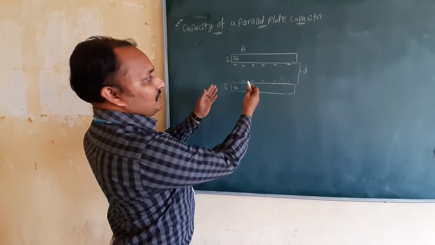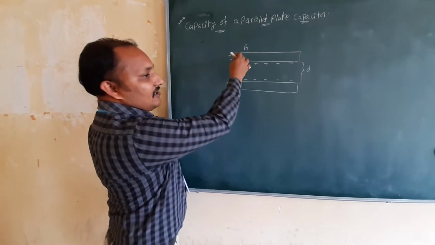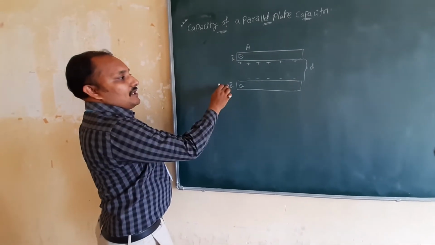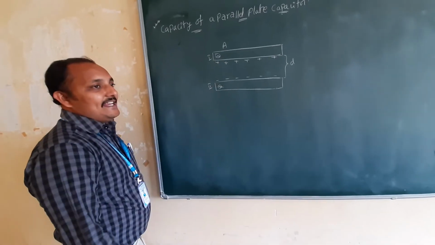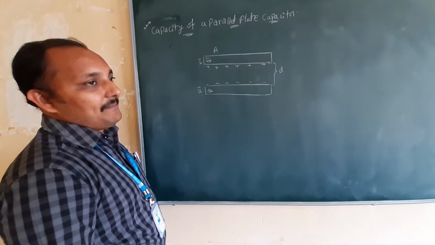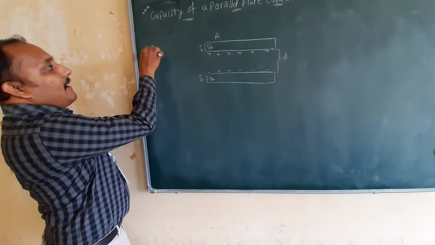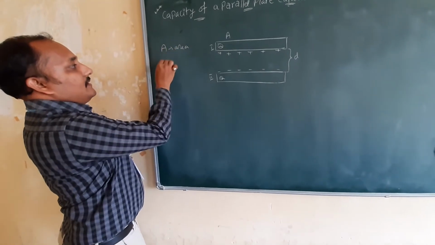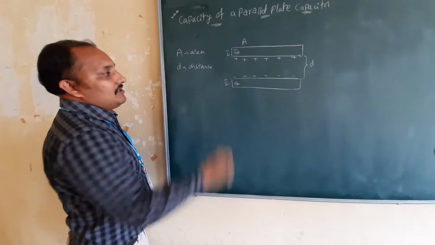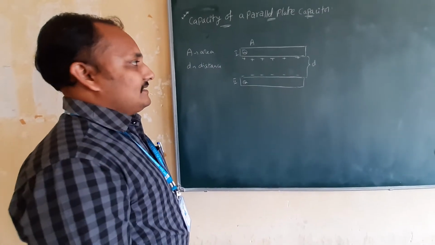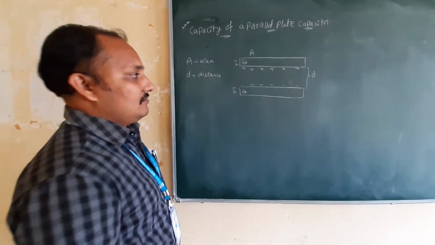So we have assumed 2 metal conductors or plates 1 and 2 separated by a small distance d. Each plate's area is capital A. d is the distance or separation between the 2 metal plates. Okay.